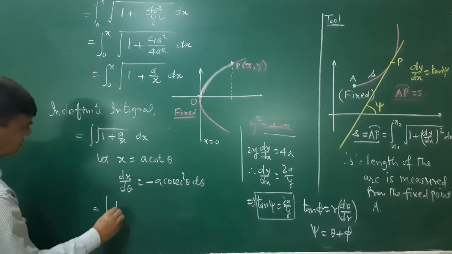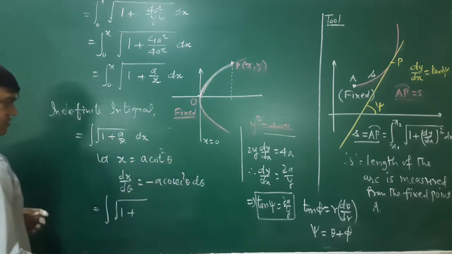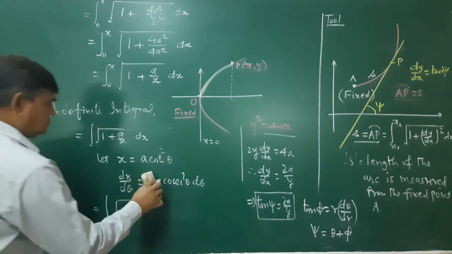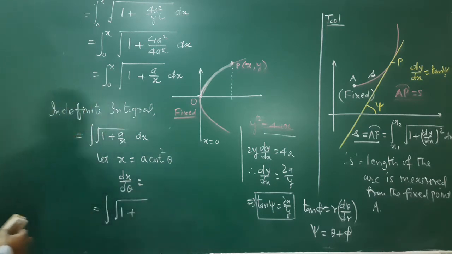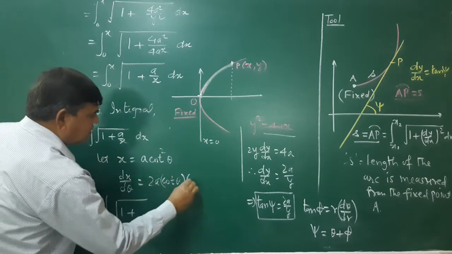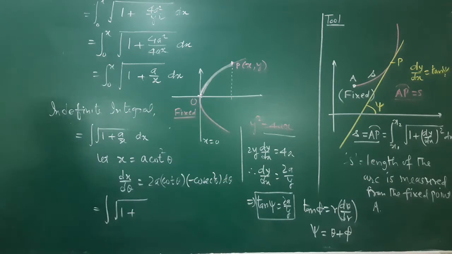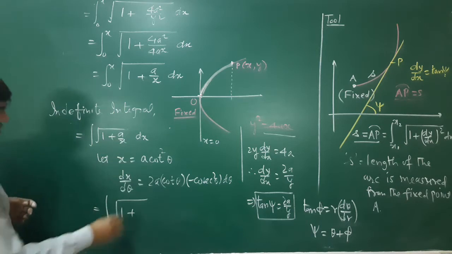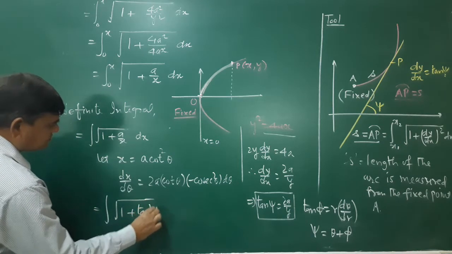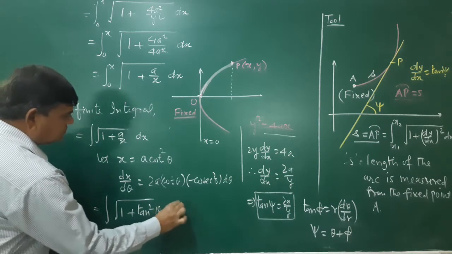Therefore, this is 1 plus cot square theta, so it is the square root of 1 plus cot square theta, times a cot theta, into minus cosec square theta d theta. So 1 plus cot square theta cancels, and it is cosec theta.